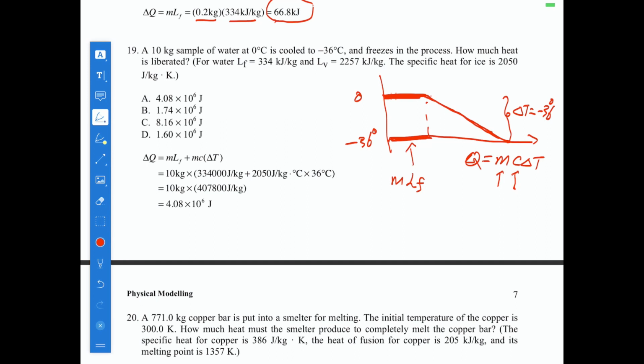So your total heat required or liberated is M times the latent heat plus M C delta T. Plug the number in, and remember this is the specific heat of ice. Your answer is A.